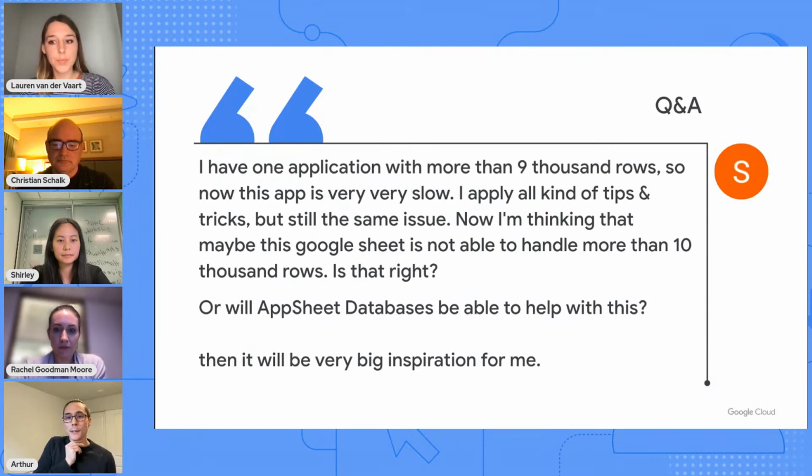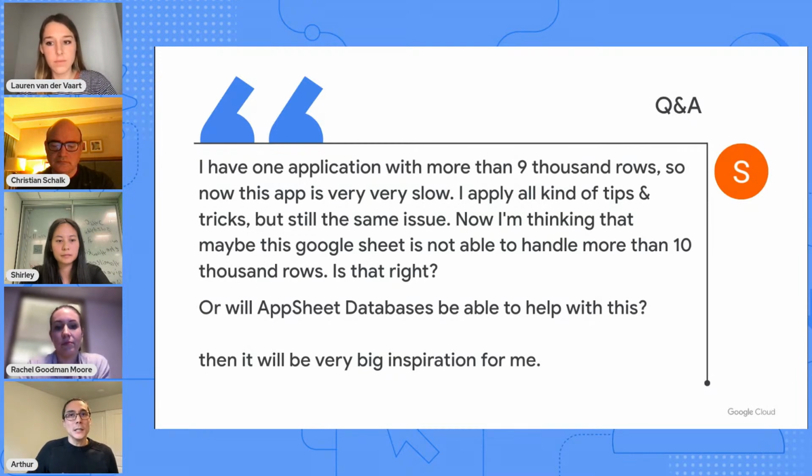On the sheet side, 9,000 rows is not necessarily a lot, right? Usually people tend to be able to go with AppSheet apps with hundreds of thousands of rows in your sheet. But it all depends on how you organize your data and what kind of feature you've enabled in AppSheet.